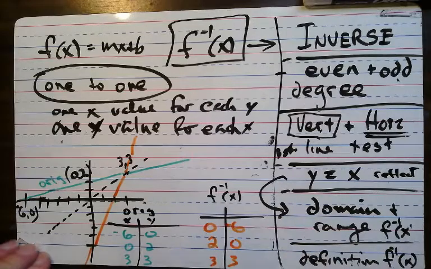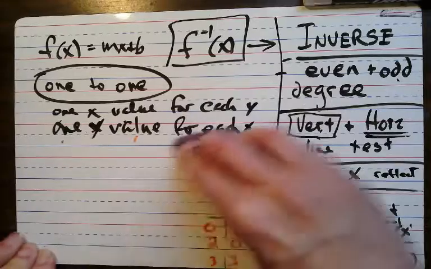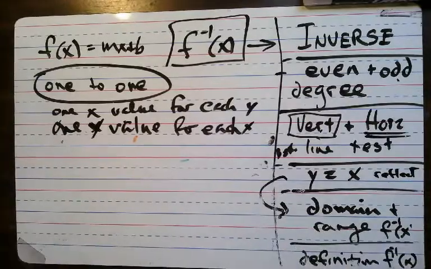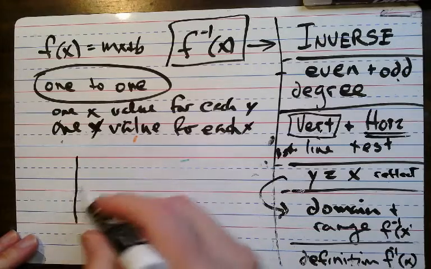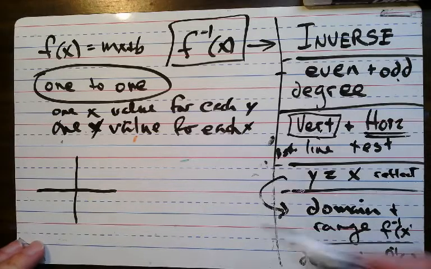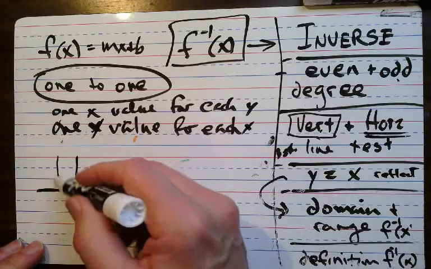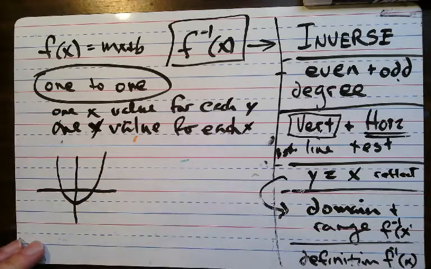So if I wanted to know, let's do one with a parabola. You say, wait a minute, I thought you couldn't do a parabola. You're right. But we can restrict the domain. So let's say we have a parabola that looks like this.